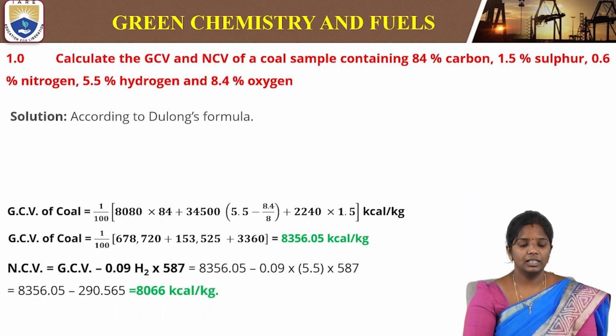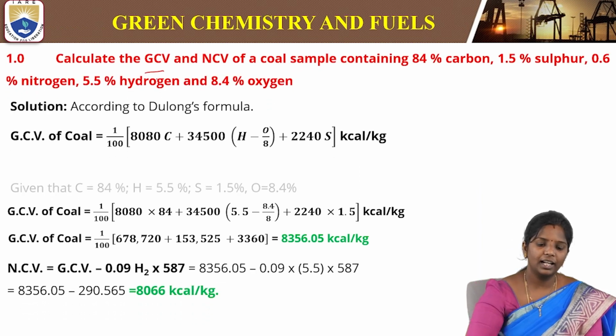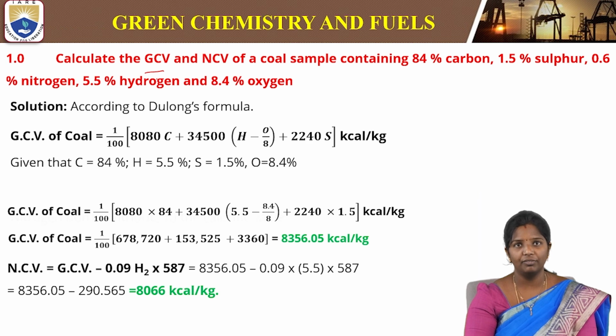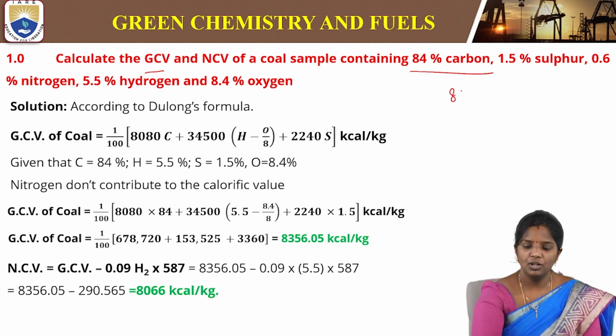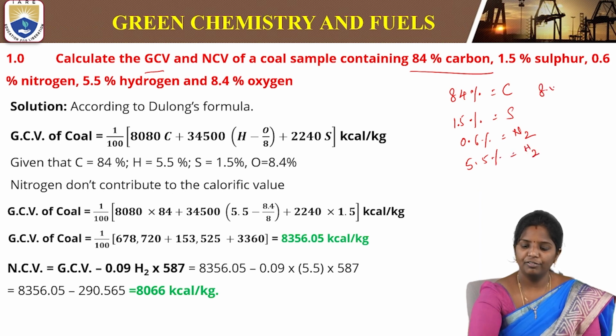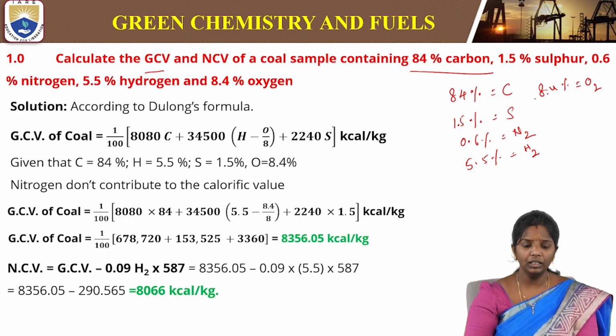The first problem: calculate the gross calorific value and net calorific value of a coal sample containing 84% carbon, 1.5% sulfur, 0.6% nitrogen, 5.5% hydrogen, and 8.4% oxygen.